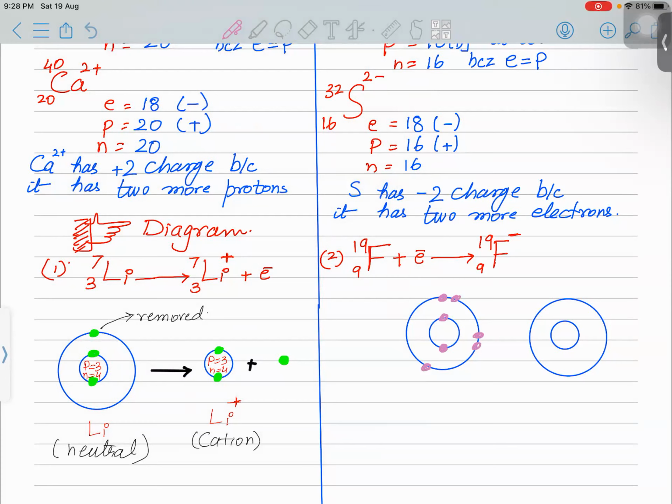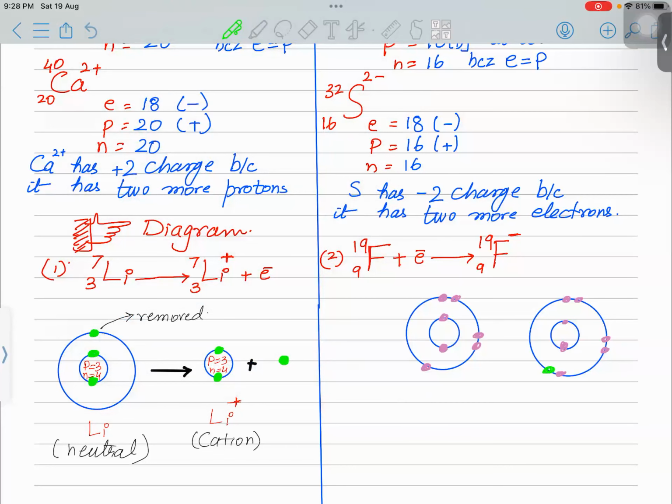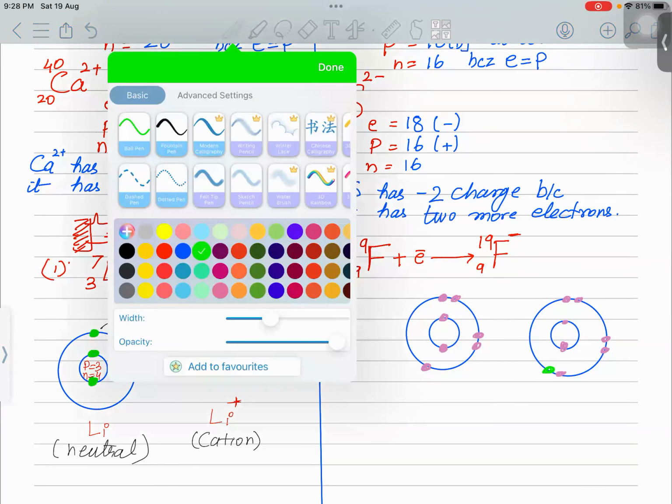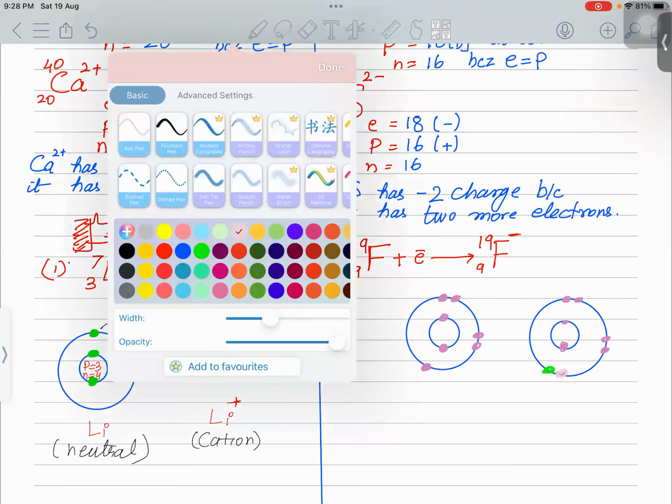So when one electron is given to fluorine, it becomes fluoride ion.